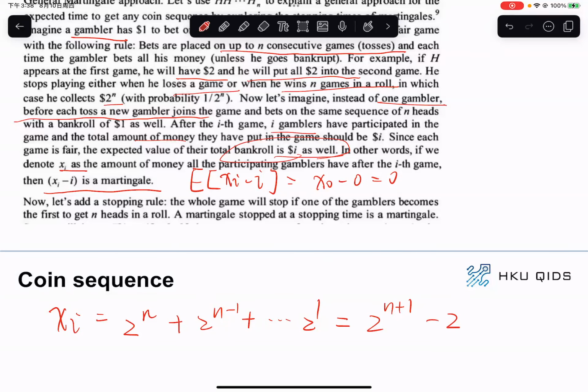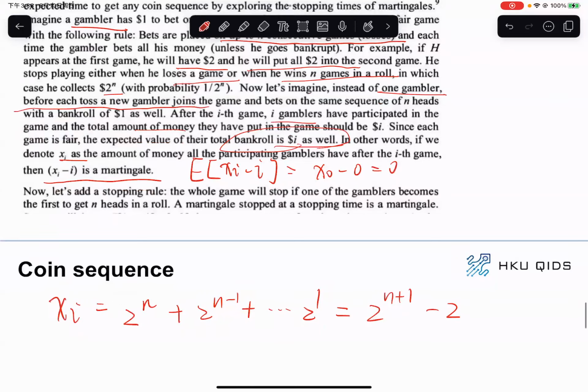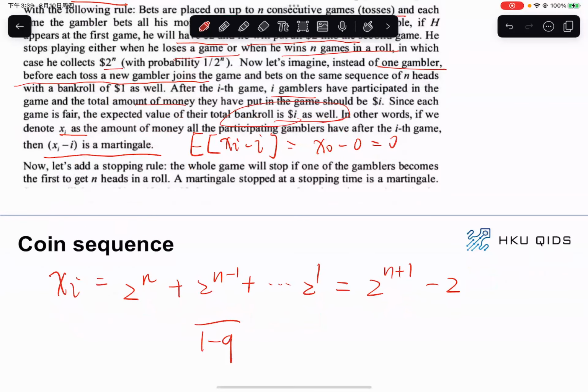Okay, so how can we get that? It is by the geometric sequence formula, 1 minus q to the n, and we multiply by 2 here, and we have q equal to 2, okay?